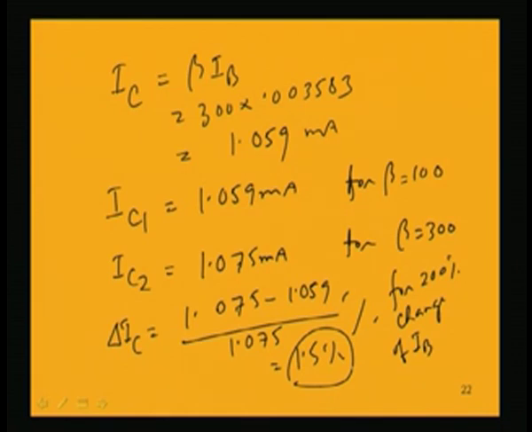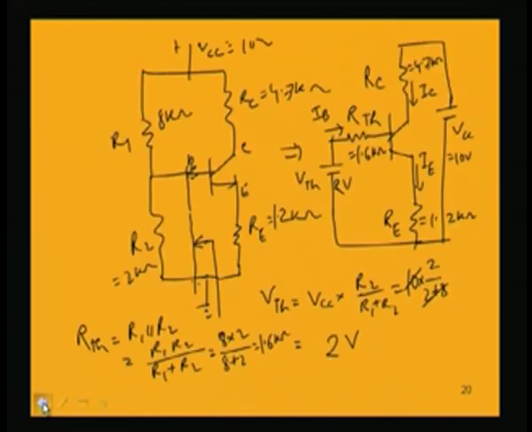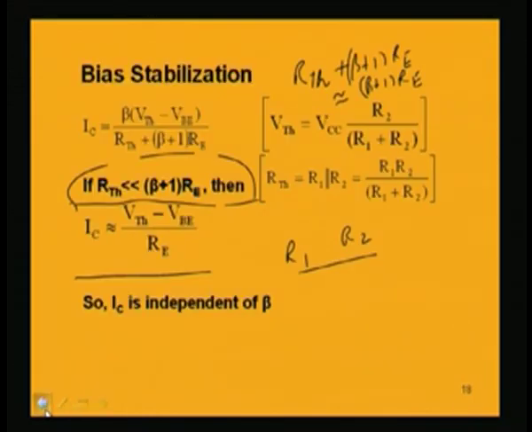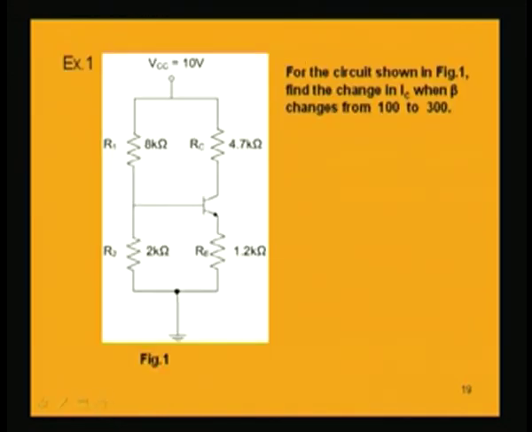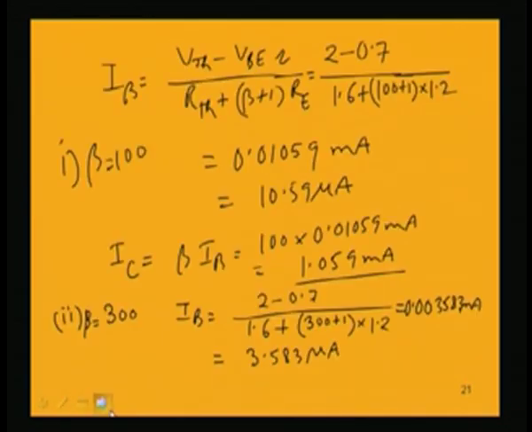And that is actually possible because in this design, if we cross check the values of R Thevenin and (beta plus 1) into RE, the design specification to be met is that R Thevenin should be very much less than (beta plus 1) RE. It must be so, because otherwise you would not have got such a marginal increment of IC. So, what is (beta plus 1) into RE? Let us see.